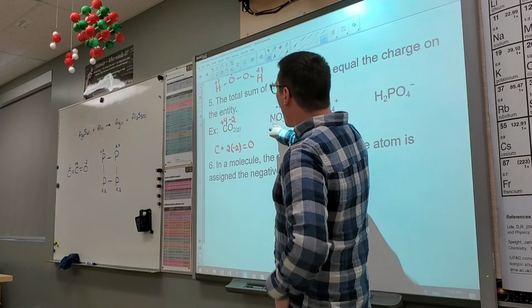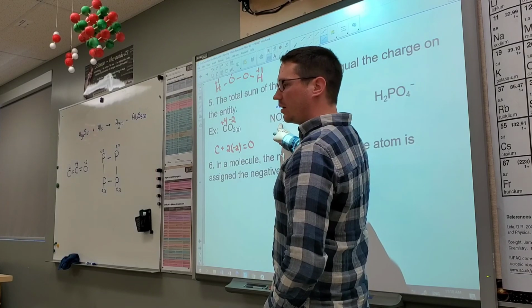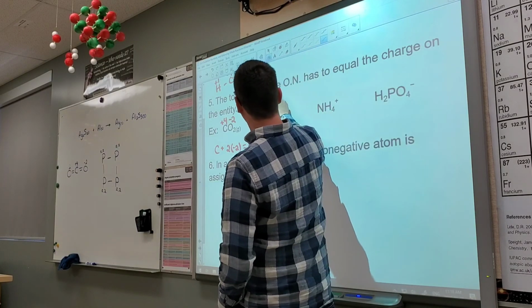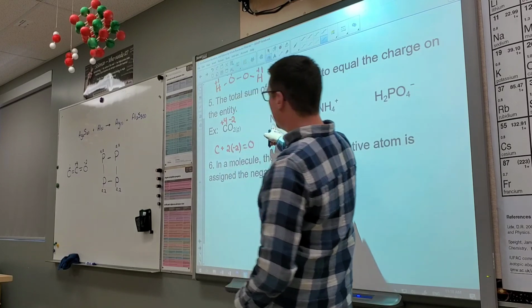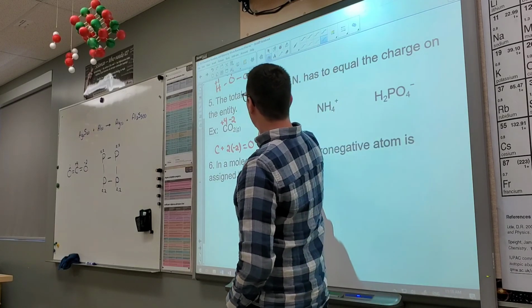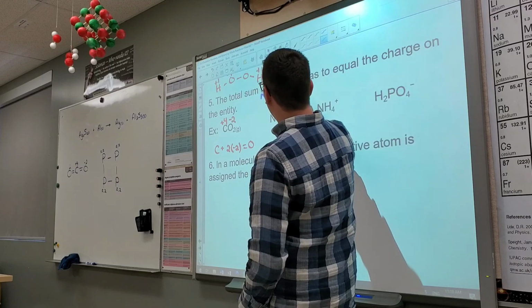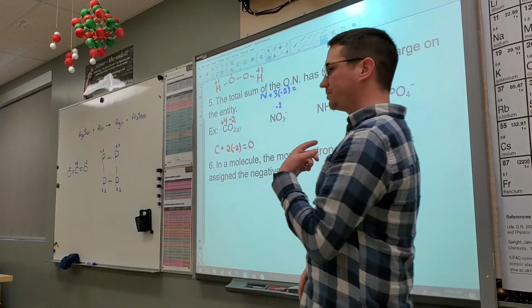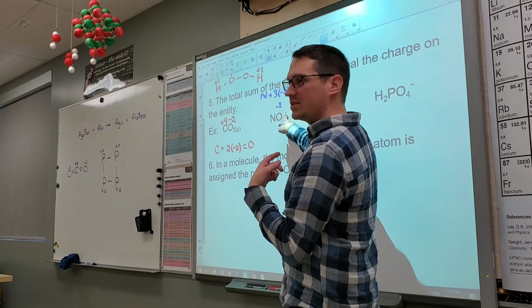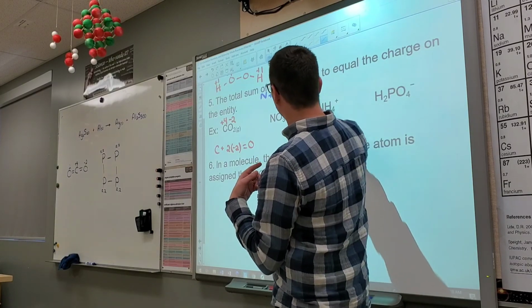Now, how many oxygens are in here? 3 of them. So we've got 3 -2s. And how many nitrogens do we have here? 1 nitrogen. And what should all of these oxidation states add up to be? -1. This has a charge of -1, so it should add up to be -1.